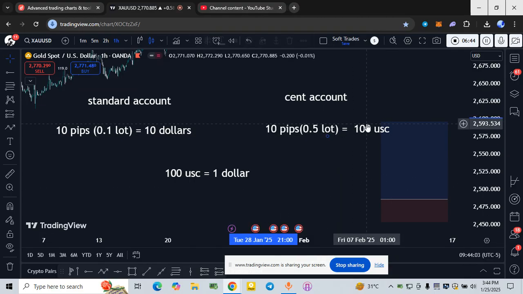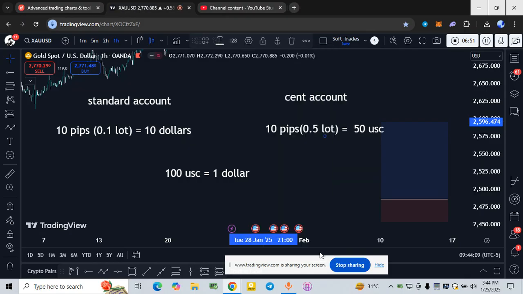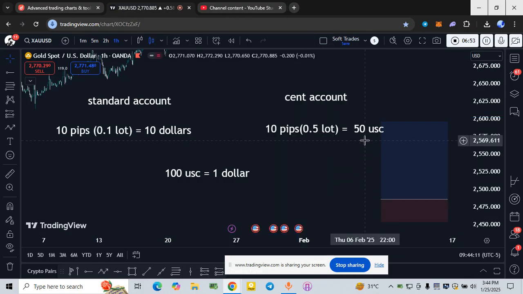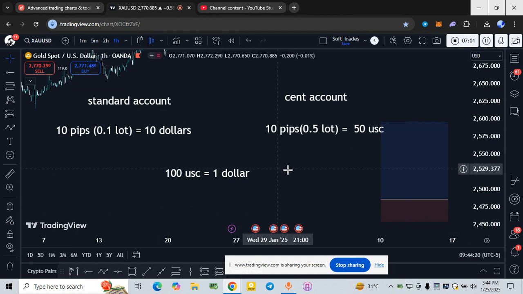And 0.5 lot size is going to be equal to 50 USC. So I'm risking 50 USC. That USC simply means US cents, because 100 cents make $1. So in this trade, I'm now risking $0.5, but you cannot do that in a standard account.